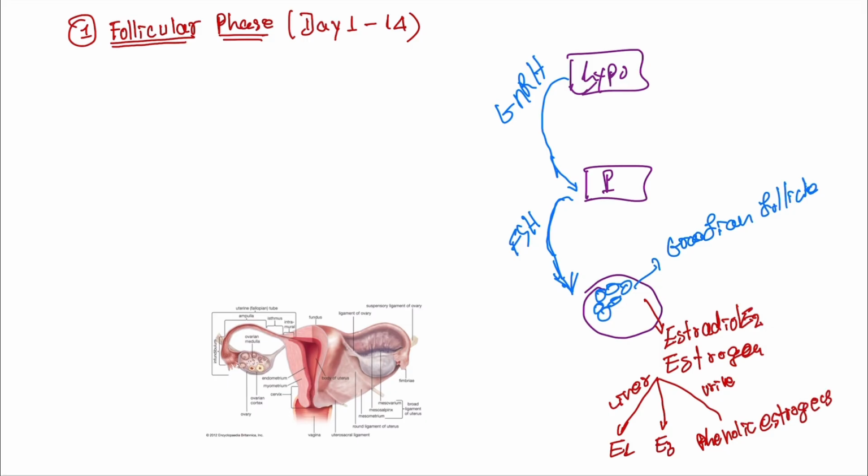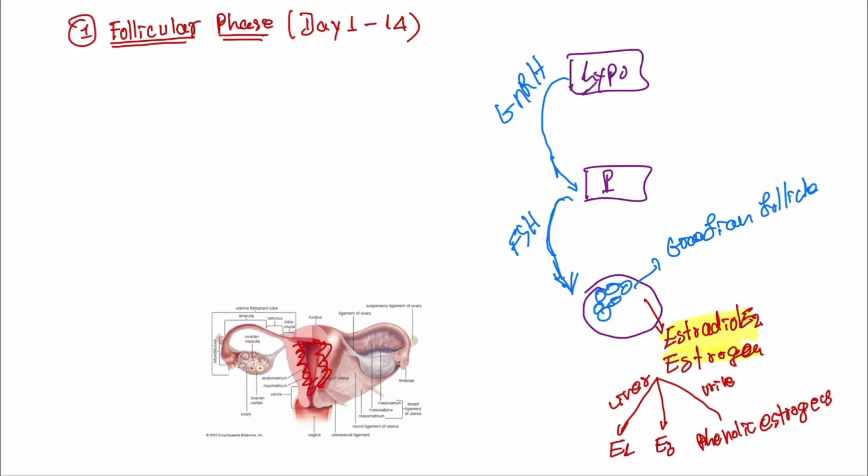Now let's look at the important role of estrogen. The main role of estradiol is to thicken the endometrium. It stimulates the growth of the endometrium.